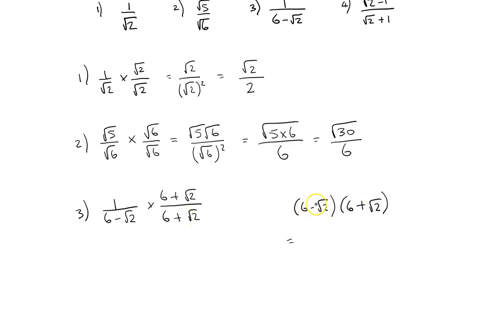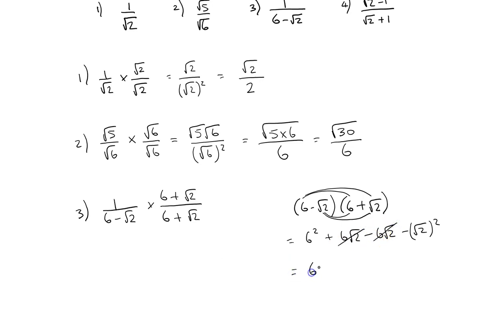Now if I multiply this out, we've got 6 times 6, 6 squared, 6 times root 2, 6 root 2, minus root 2 times 6, which I'm going to write with the integer first, so minus 6 root 2, and minus root 2 root 2, which is minus root 2 squared. Now you can see that these 2 terms are the same, but the signs are the opposite, so they will effectively cancel each other out.